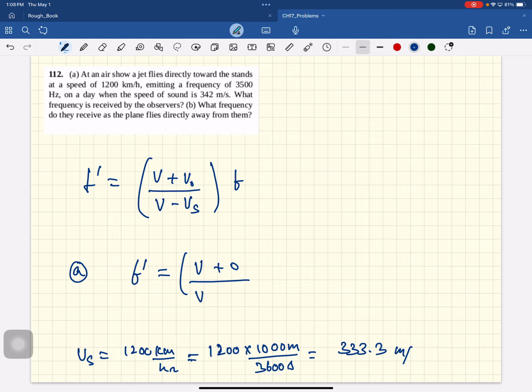That's 333.3 meters per second. Okay, so F prime is 343 over 343 minus 333.